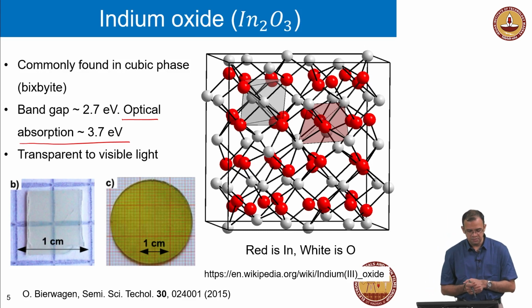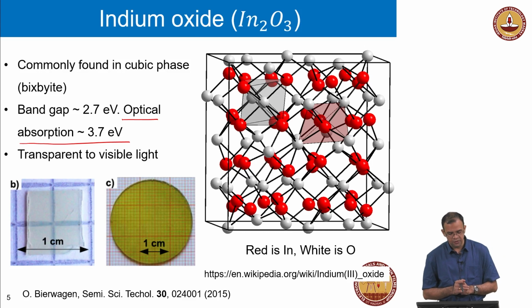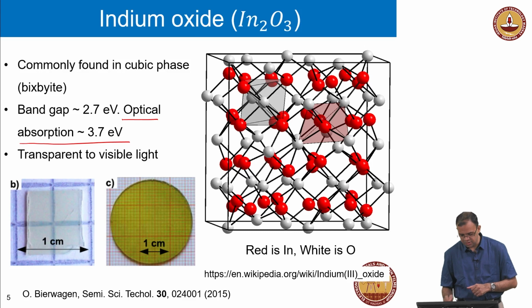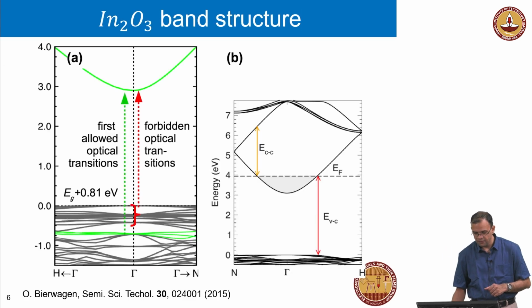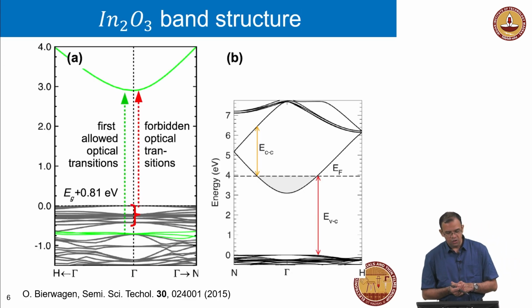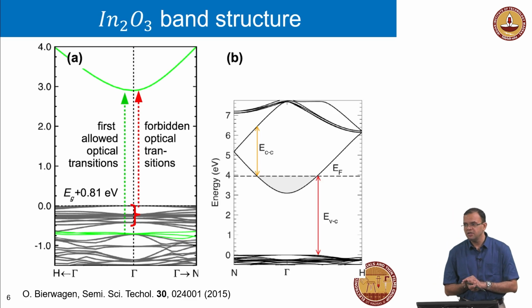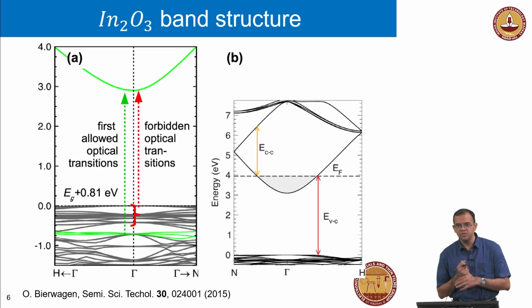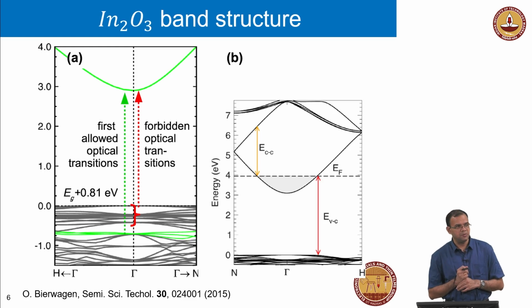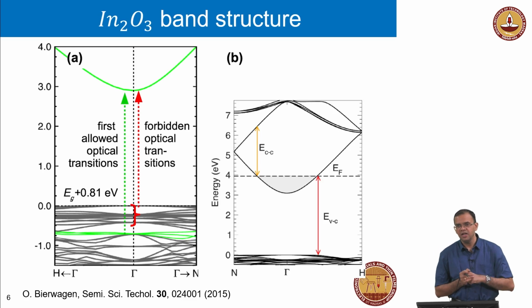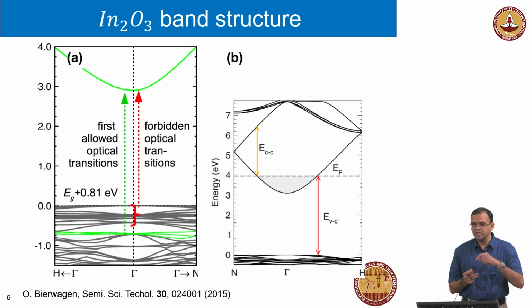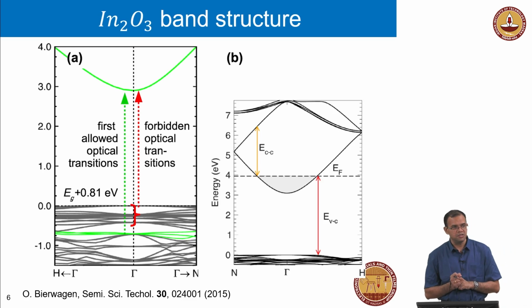These are just some single crystals of indium oxide, just showing you that they are transparent. So for a long time people thought that the reason why indium oxide has a band gap of 2.7 but an optical absorption of 3.7 is because at 2.7 eV it is an indirect band gap transition, and so the direct band gap is 3.7.